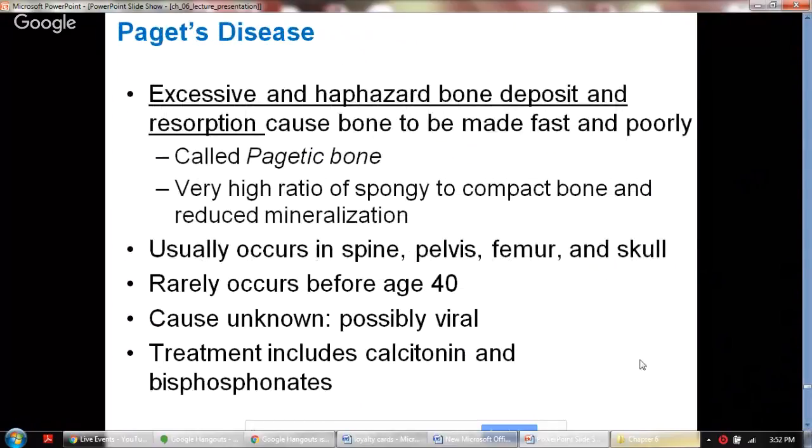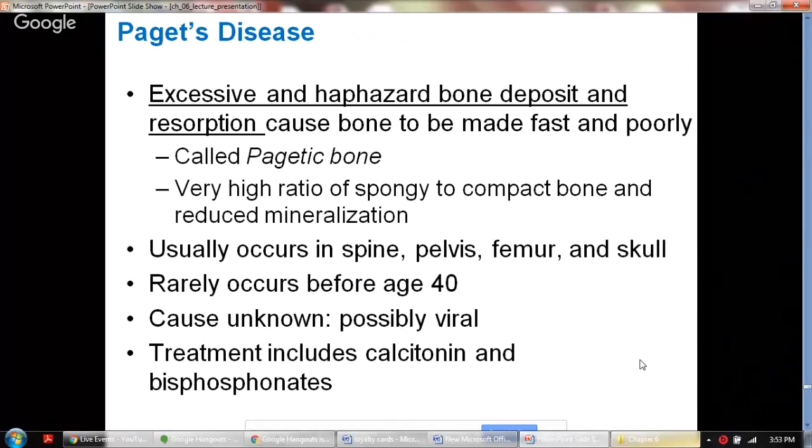Paget's disease is seen as excessive and haphazard bone deposit and resorption. It's sometimes detected accidentally when you go to take some x-rays and so on.